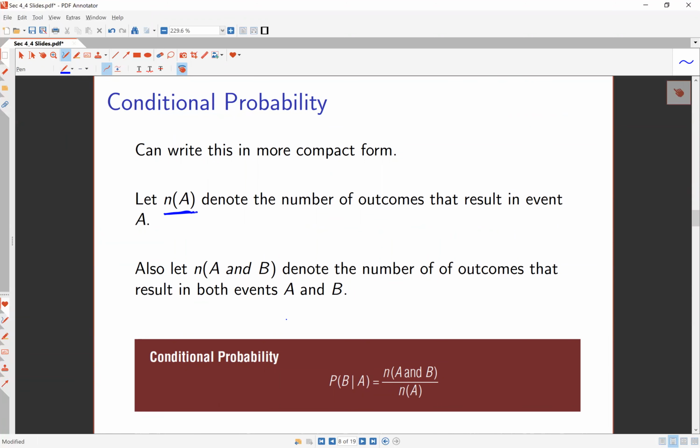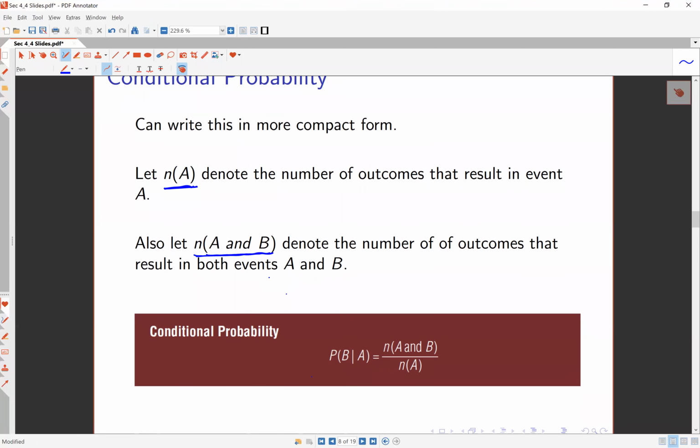We can write lowercase n of A to denote the number of outcomes that are only in event A. And we can write lowercase n and then A and B in parentheses, and we let that denote the number of outcomes in both A and B.